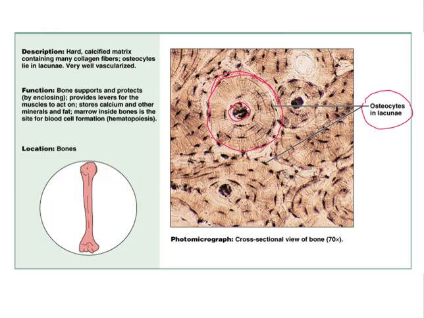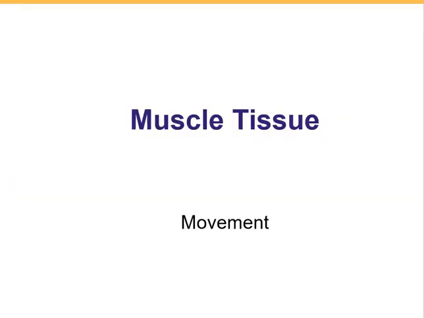Okay, so let's finish the connective tissue. And now we are going over the third primary tissue in our body, which is muscle tissue. Muscle tissue's main job is movement. As muscle tissue is made up of specialized cells called muscle fibers or muscle cells, they are able to contract.